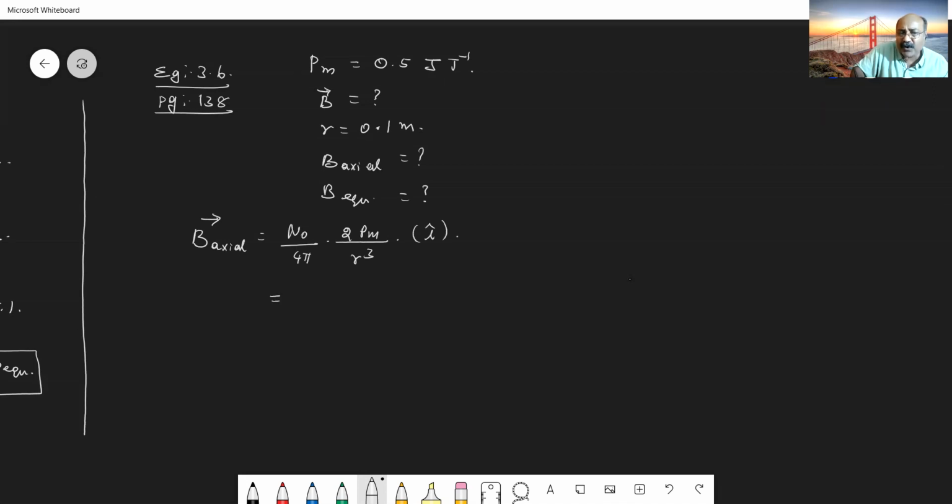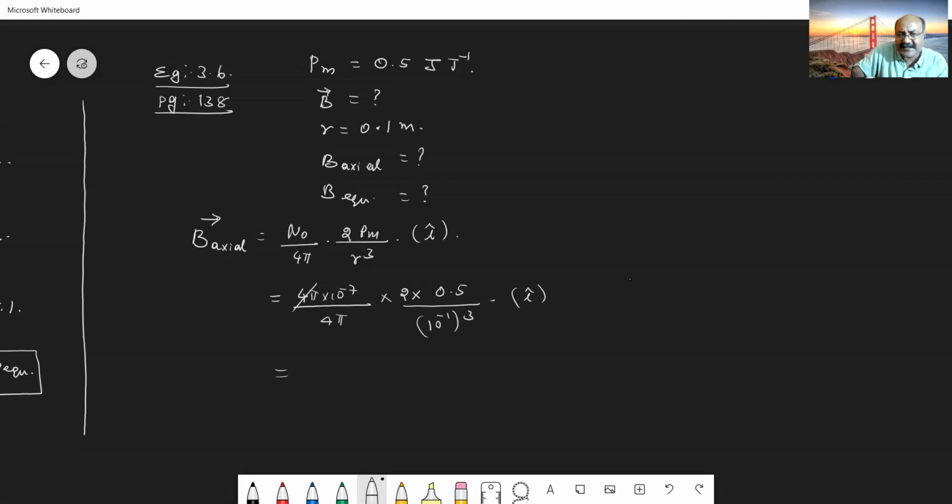Now substitute. What is mu0? It is 4 pi into 10 to the power of minus 7, divided by 4 pi, into 2 into pm, which is 0.5, divided by r cube. R is 0.1, that is 10 power minus 1, the whole cube. And the direction is I cap along the positive x-axis.